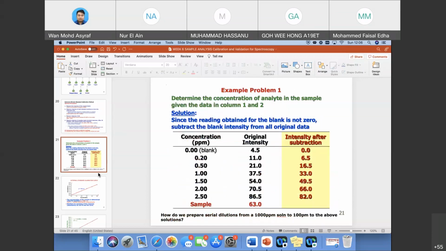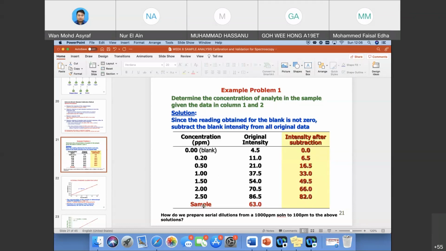Alright. For this example, we determine the concentration of analyte in the sample given the data in column 1 and column 2. When we look into the data here, first of all you look at the intensity of the blank, and you straight away do the subtraction: 11 minus 4.5, 21 minus 4.5, and so on.